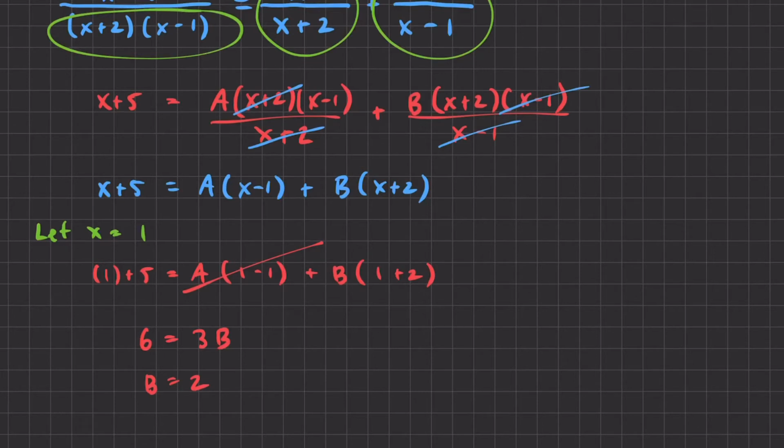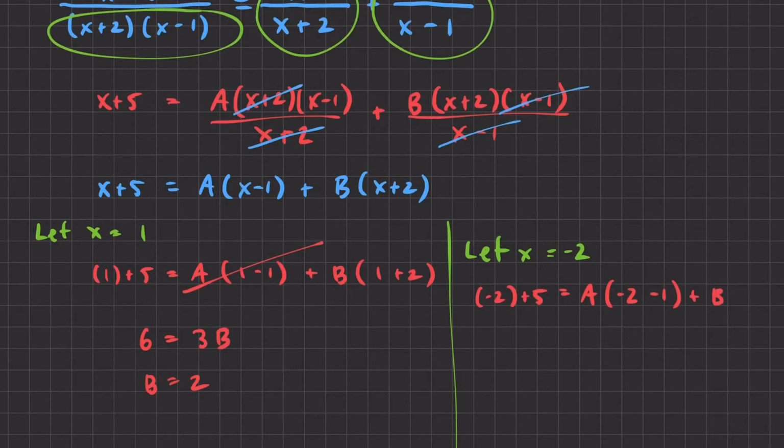Nice. Now all I have to do is figure out what happens to a. And I can do exactly the same thing. So I'll do that over here. I'll say let x equal negative 2. When that happens, I'll have negative 2 plus 5 equals a times negative 2 minus 1 plus b times negative 2 plus 2.